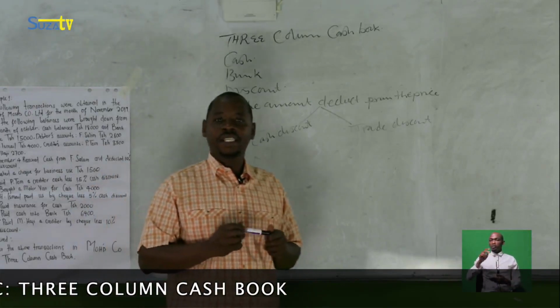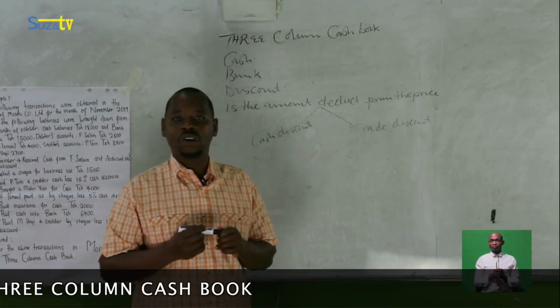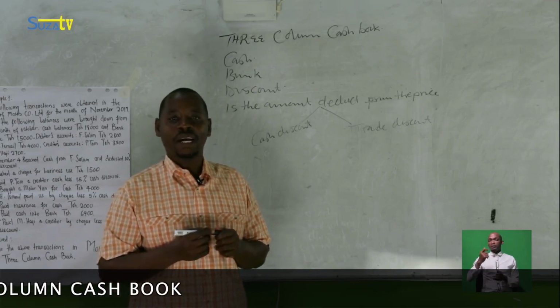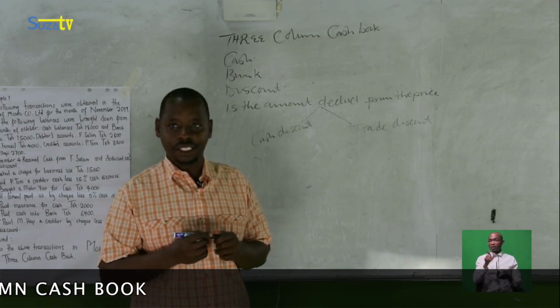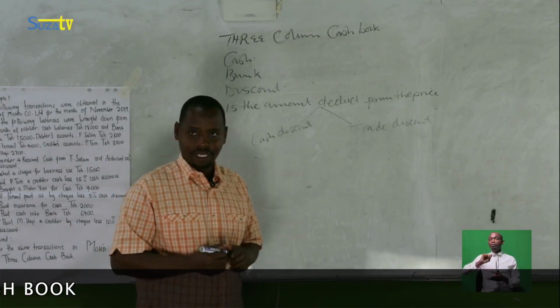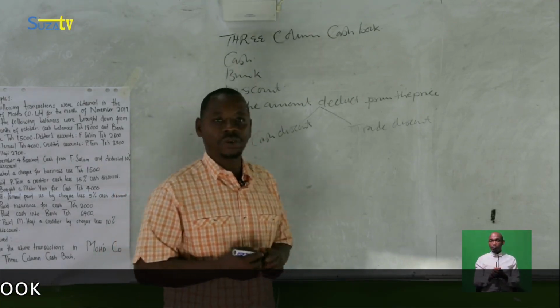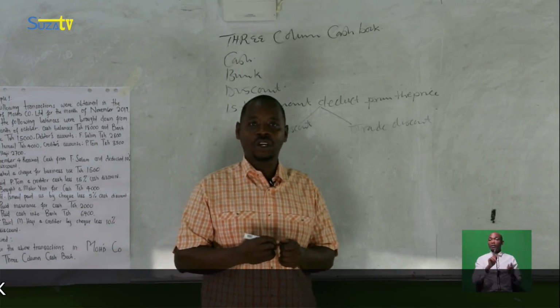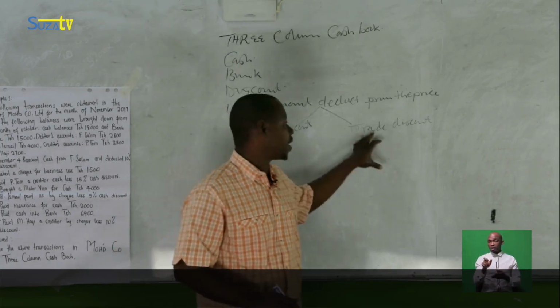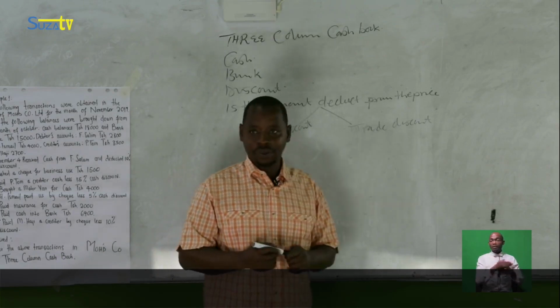The deduction given to the trader or customer when buying goods for cash is known as a cash discount. And the deduction given to the trader or customer when buying goods on credit is known as a trade discount.